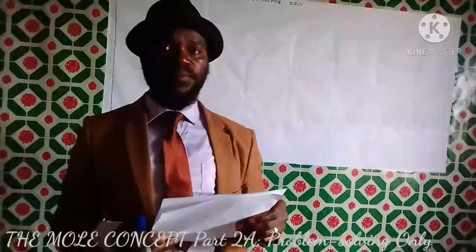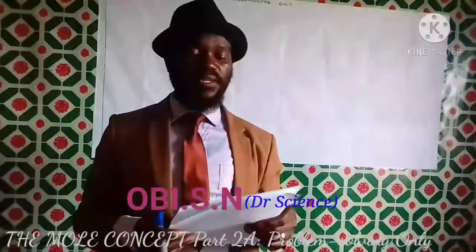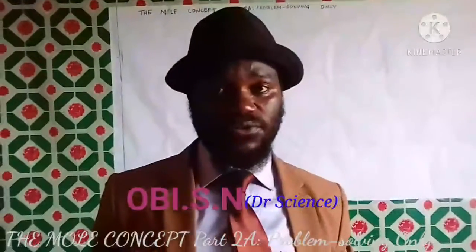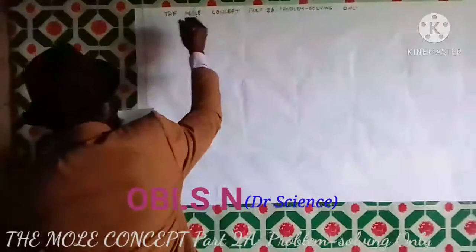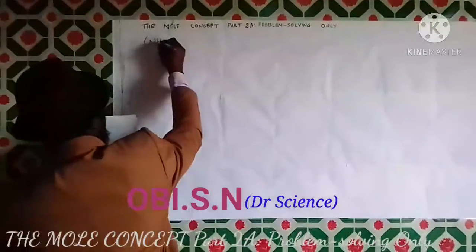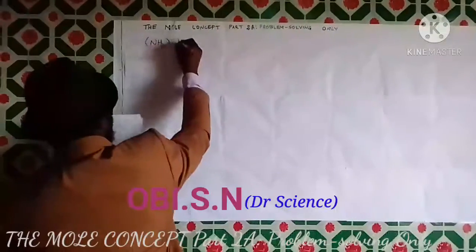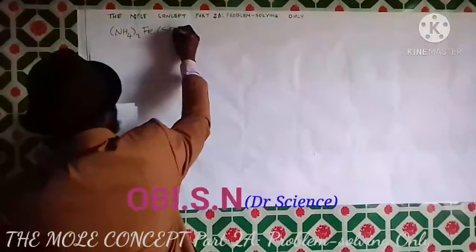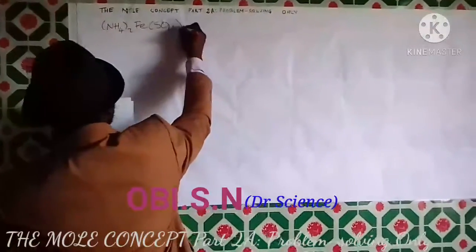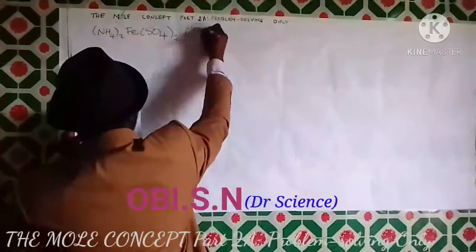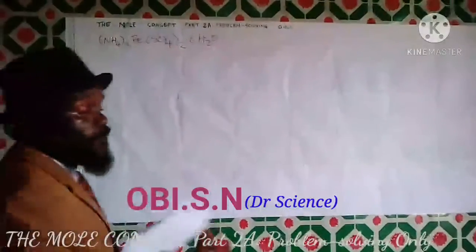Let's begin with the A part of question 1. Calculate the molar mass of the Morse salt. The molecular formula of the Morse salt is... Now, what are we looking for?